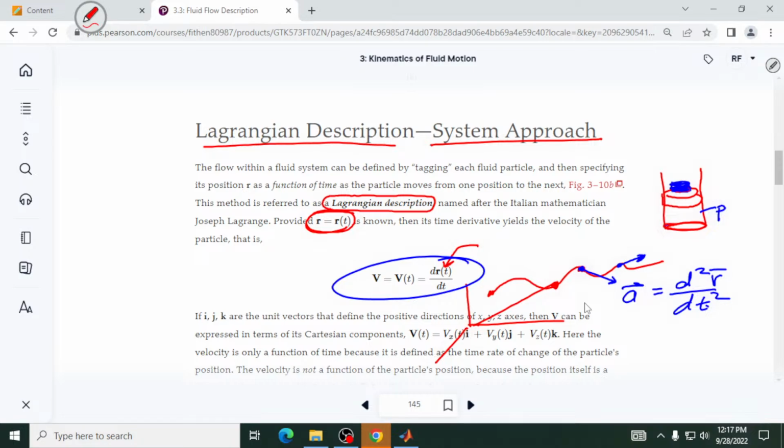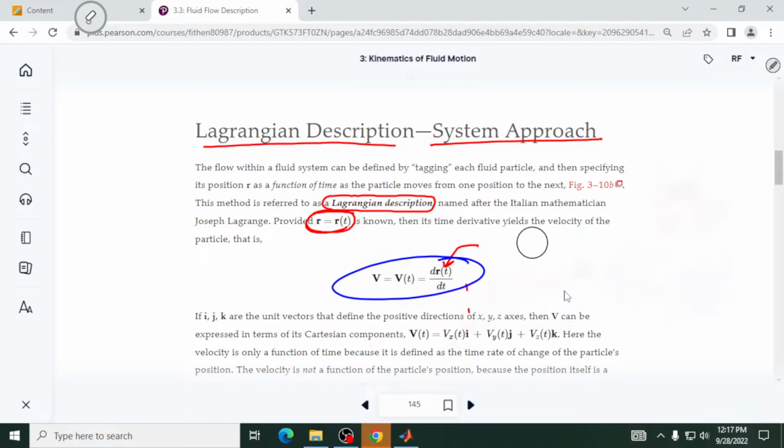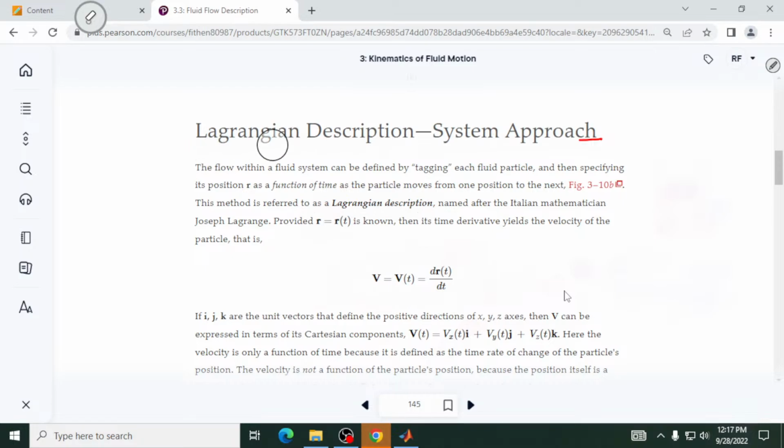However, almost all people that I know of over the years in fluid mechanics, now in dynamics you do this a lot, in fluid mechanics you don't.